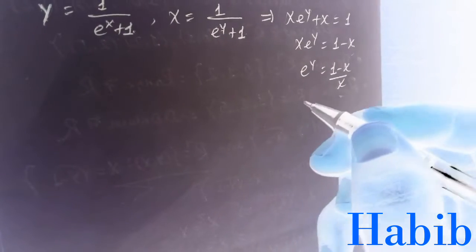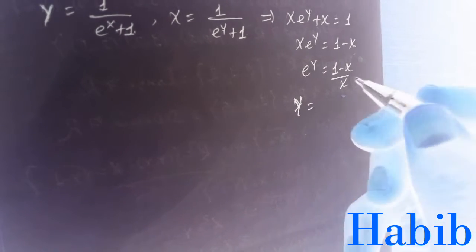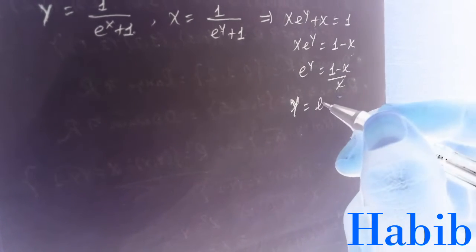By taking the natural logarithm of both sides, ln of e raised to y is y, equals ln of the whole term 1 minus x over x.